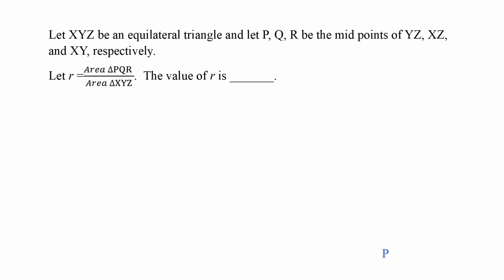Let XYZ be an equilateral triangle and let P, Q, R be the midpoints of YZ, XZ and XY respectively. Let R be equal to the area of triangle PQR divided by the area of triangle XYZ, then the value of R is.